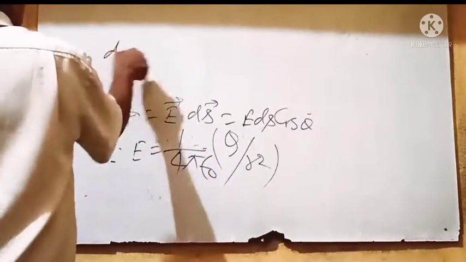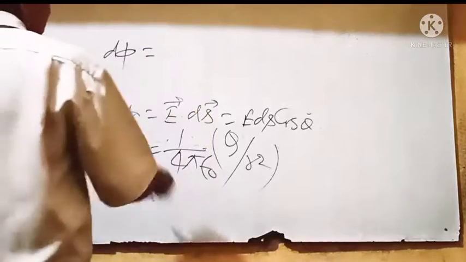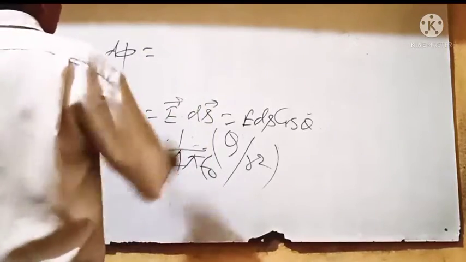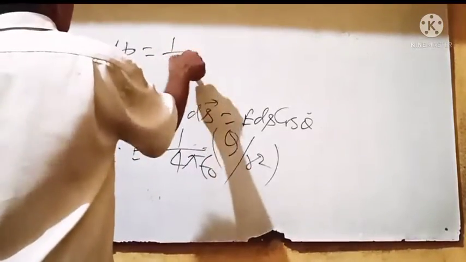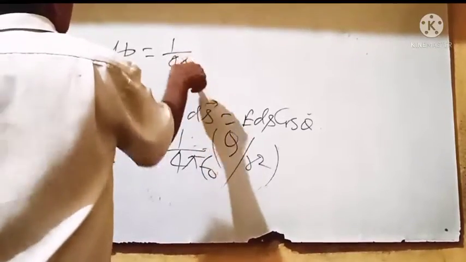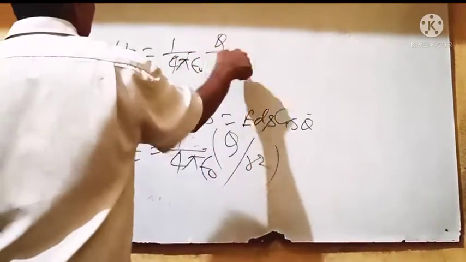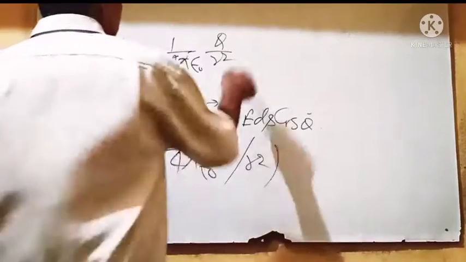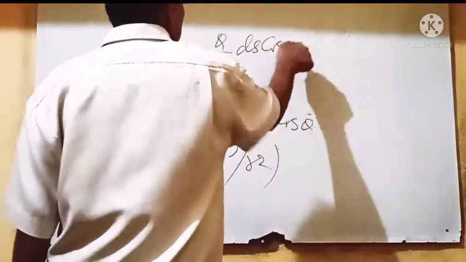d phi is equal to 1 by 4 pi epsilon naught q by r square ds cos theta.